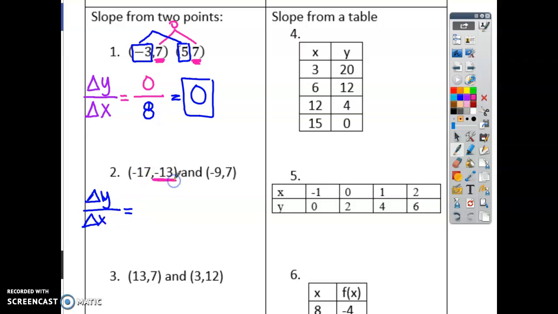From -13 to 7, how much did it change? So that would be from -13 to 0 is 13, and then from 0 to 7 is 20, right? So from here to here, it changed by 20. If you can't see that, remember you put it in the calculator, put this one first, minus this one.